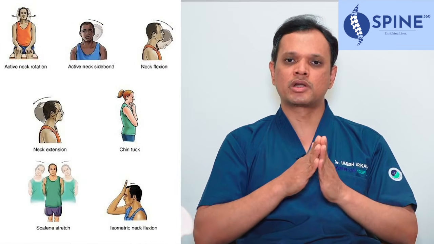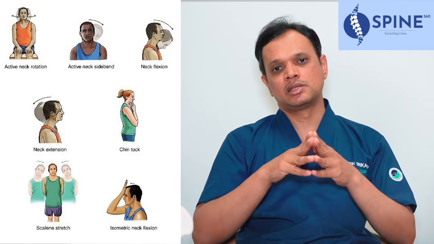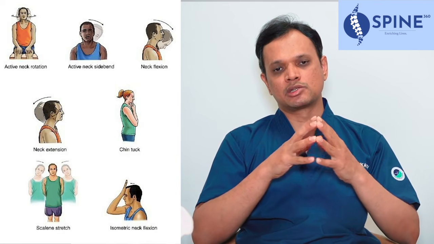So what are the treatment options for cervical spondylosis? As mentioned, the majority of cervical spondylosis presents only with neck pain, and they do not require any kind of intervention. Many times they just require regular physiotherapy, and that is one of the most important as well as the most neglected things that patients with cervical spondylosis do.